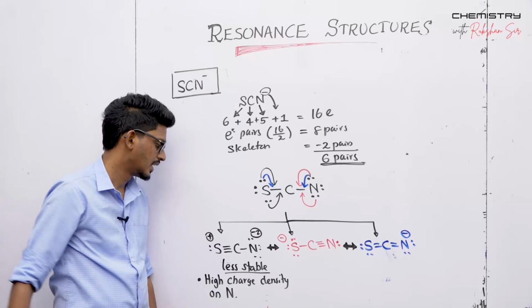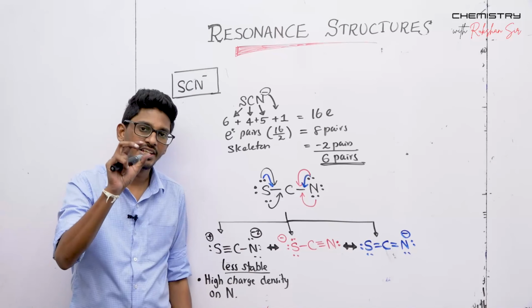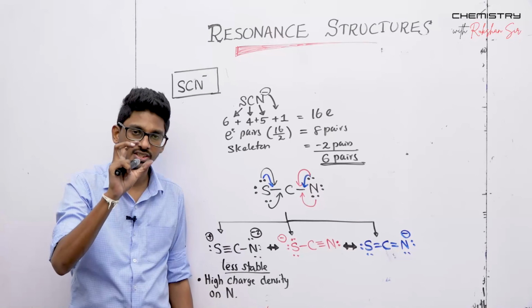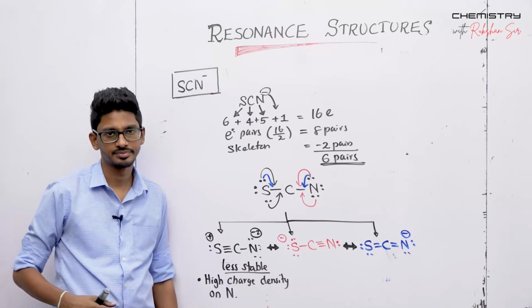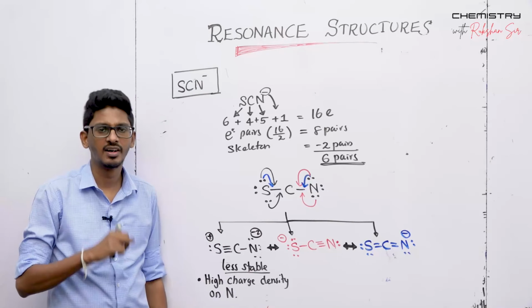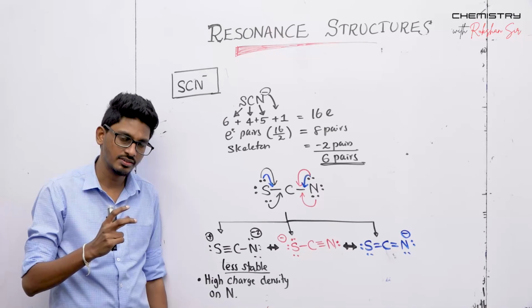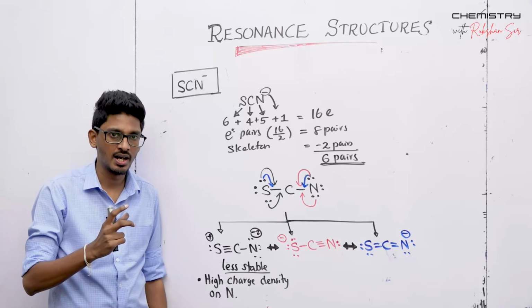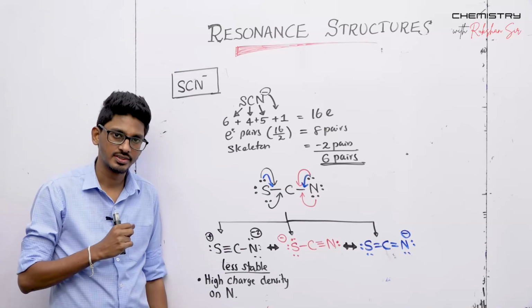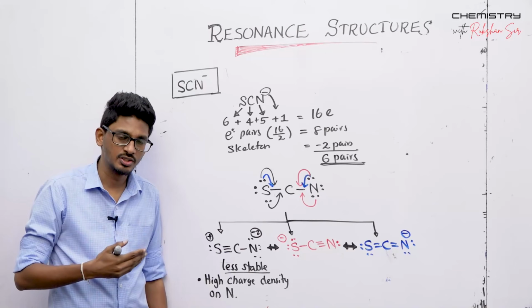This is less stable. What is the other reason to become less stable? High charge dispersion. Yes, that is also appearing with this structure. High charge dispersion, what is that? High charge dispersion means when you have more atoms with charges compared to the most stable structure you can draw.